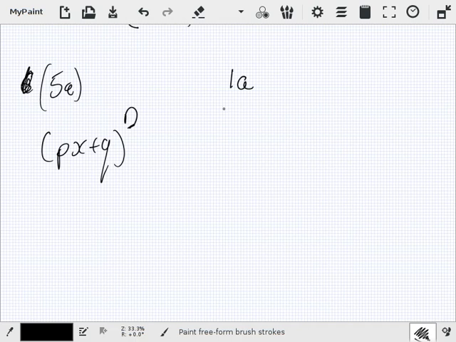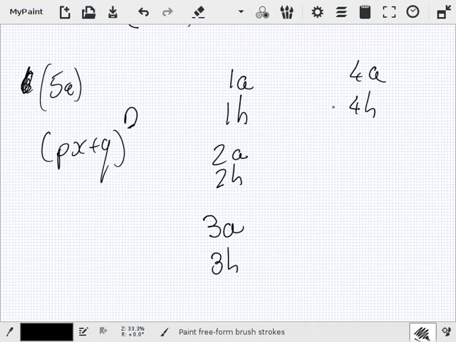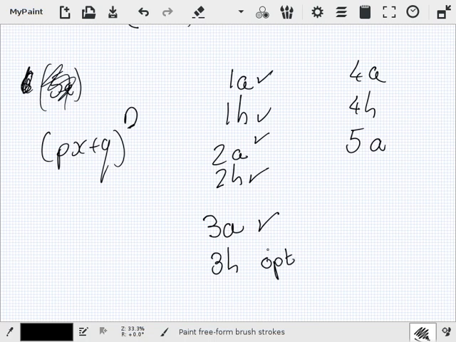So, 1a, 1h, 2a, 2h, 3a, 3h. Why is there 5a on top? Oh yeah, I'm looking at question 5 here. So 1a, 1h, 2a, 2h, 3a. Now 4, it's optional because it's quite difficult.